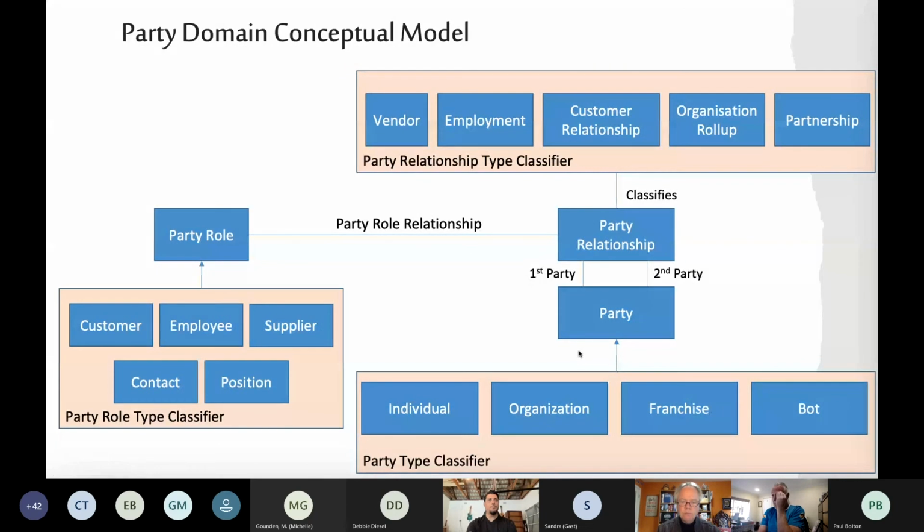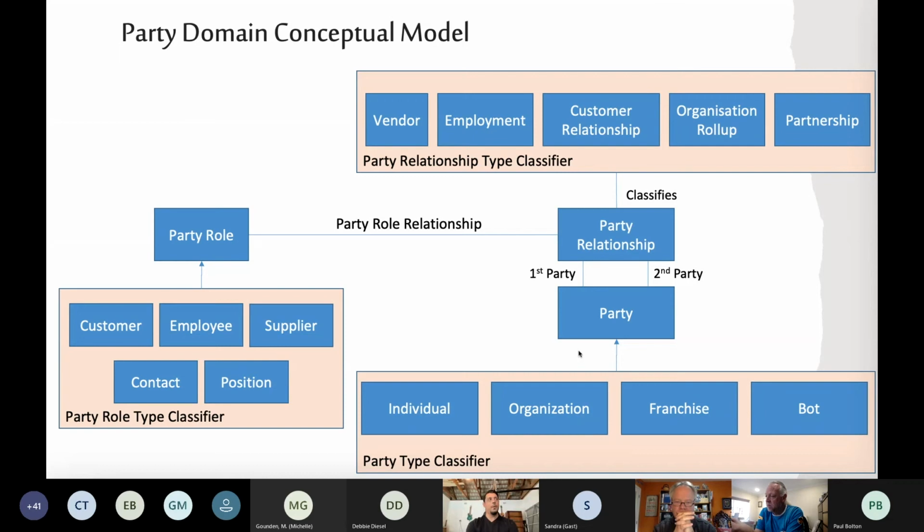So let me just talk a little bit more about what we mean. If the word party or party modeling or party models is new to you, it plays a very important part in MDM architecture, wherever we talk about customers or employees or things like that.